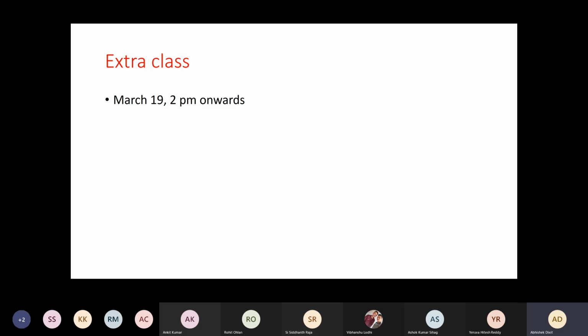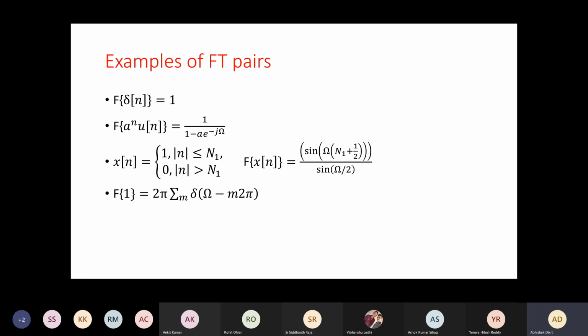We have to still fix the time. You can ignore it. So in the last lecture, we have looked at certain Fourier transform pairs. We have seen that the Fourier transform of delta n is 1. Fourier transform of a to the power n u n is this function.